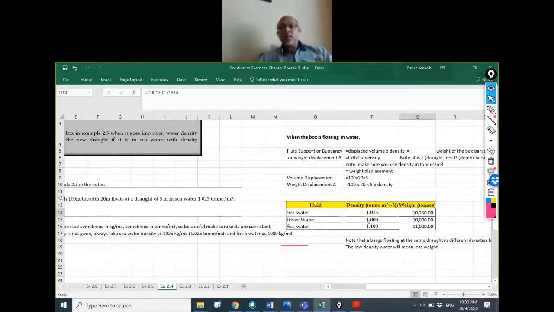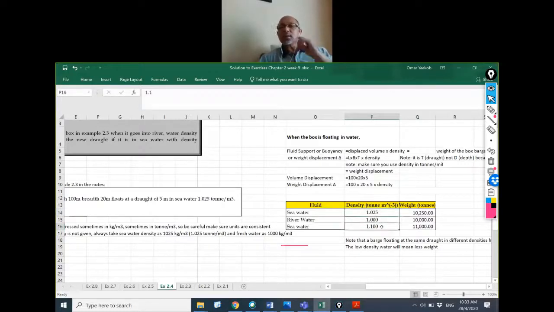If it is the same draft, you see, this is the same shape, but it goes into the water at the same draft. That means the weight has been reduced. So the weight is 10,000. And if this is another seawater, which is 1.1 tons, then 11,000, because the density is different.